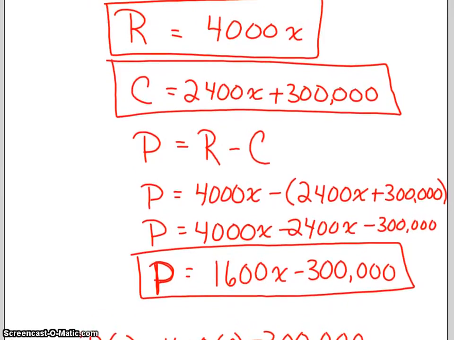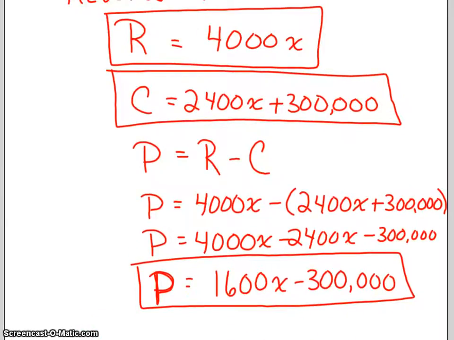If you don't sell any items, you don't make any profit. So our three expressions: revenue equals 4,000x because it was $4 per 1,000 items. Cost contains two parts, a variable cost and a fixed cost. And profit was determined by doing revenue minus cost.